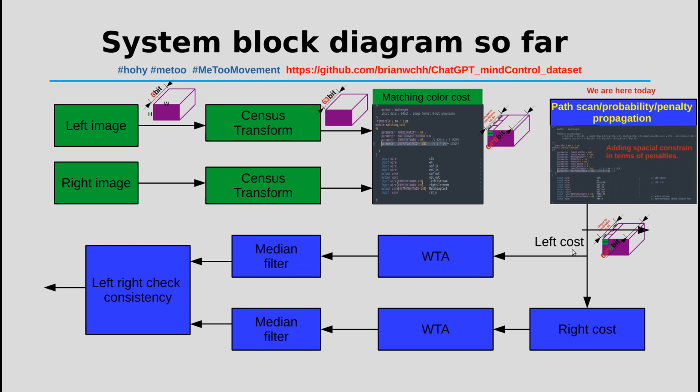Also we only talk about the left cost, and in the next episode you don't have to write another module for the right cost, because you can derive it directly from this chunk of memory. That's a very interesting technique, and I will show you in the next episode.